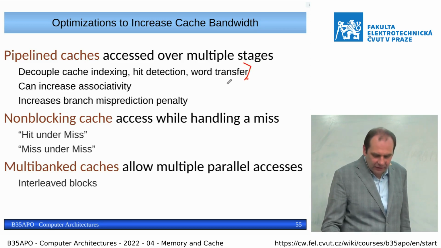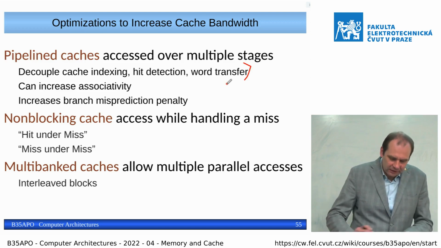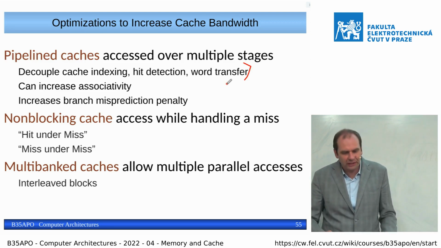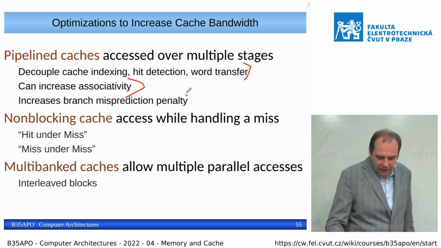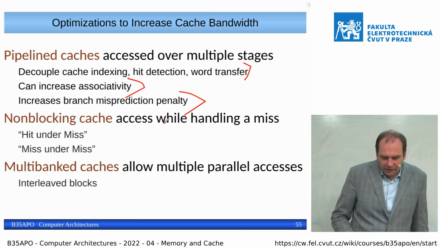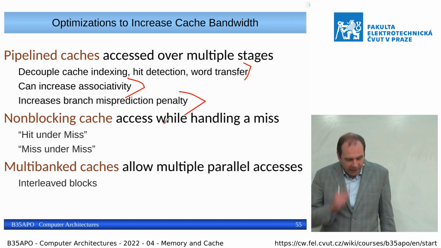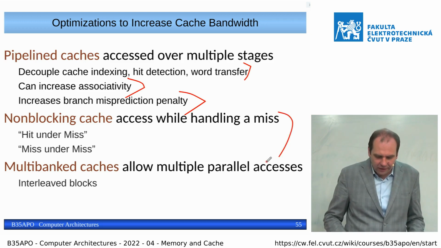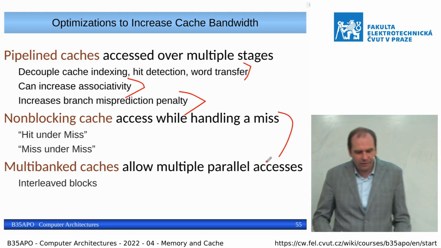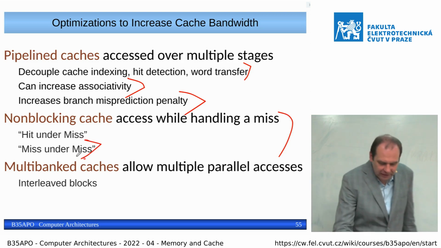We can decouple the indexing to the cache and hit detection and so on, increase the associativity. We can increase the branches and so on. So there are possibilities how to find and predict what will be necessary. Hit under miss and miss under miss.